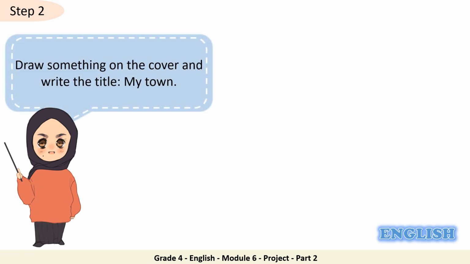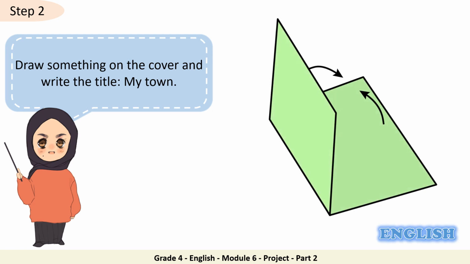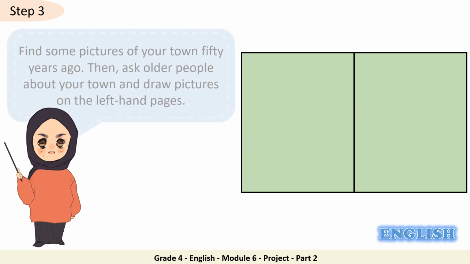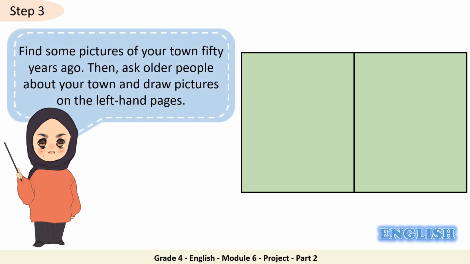Draw something on the cover and write the title, My Town. Step 3. Find some pictures of your town 50 years ago. Then ask older people about your town and draw pictures on the left-hand pages.